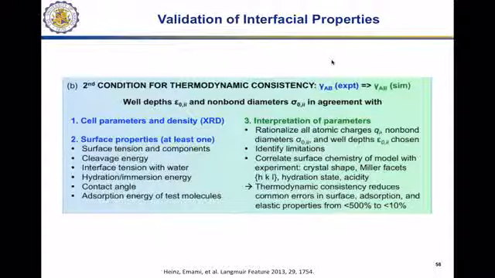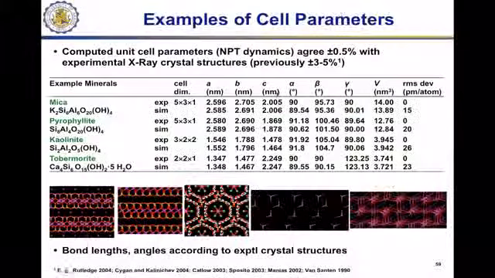So by just validating structure and interfacial properties at, say, room temperature, a lot of other properties, mechanical or thermal, also heat capacities and such, are oftentimes very close to the experimentally measured values.